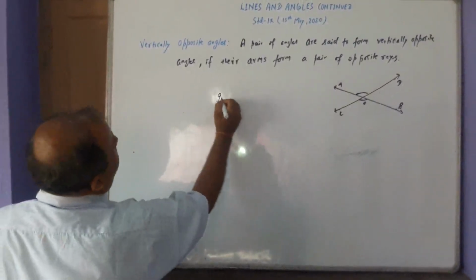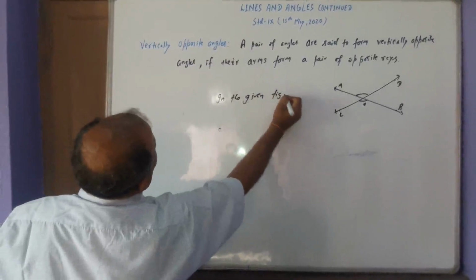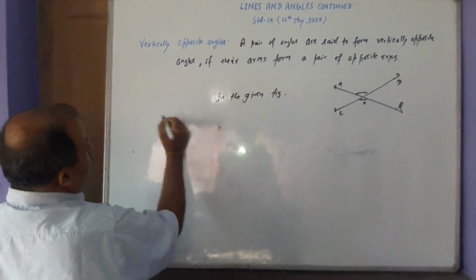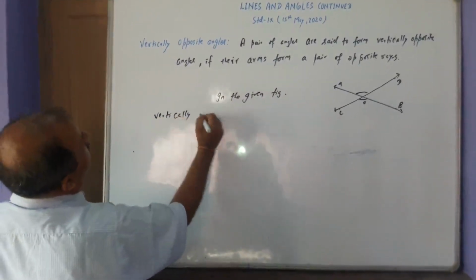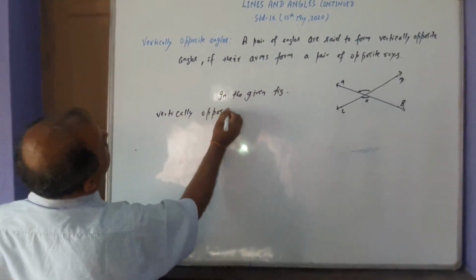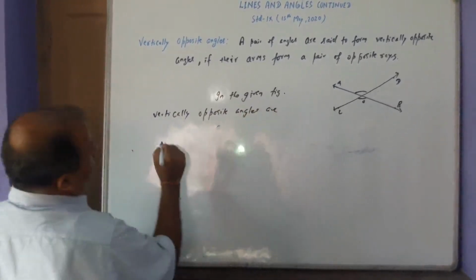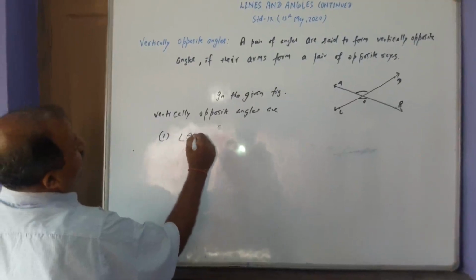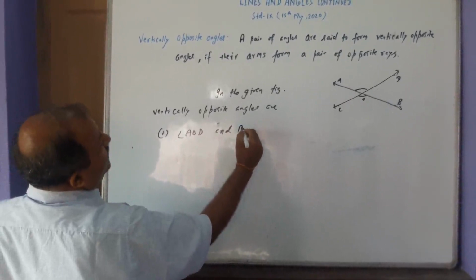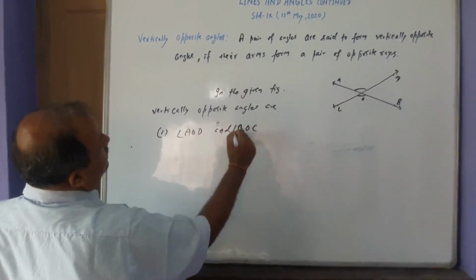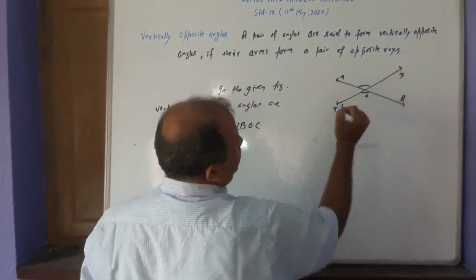In the given figure, vertically opposite angles are angle AOD and angle BOC.